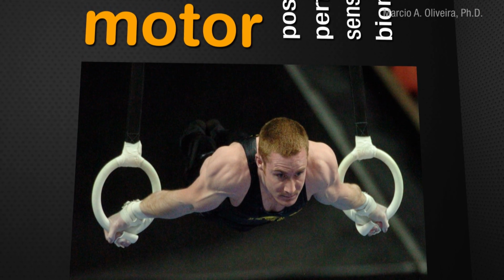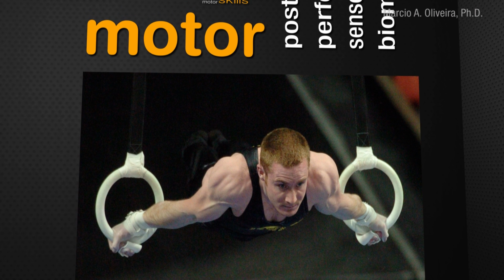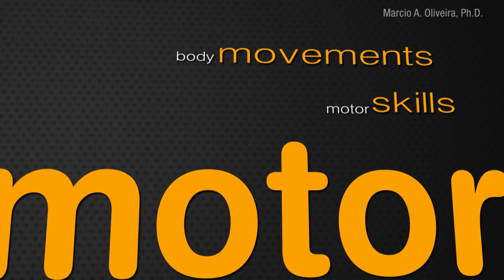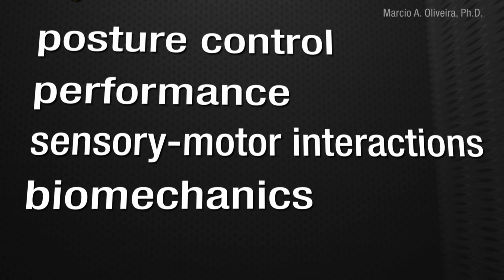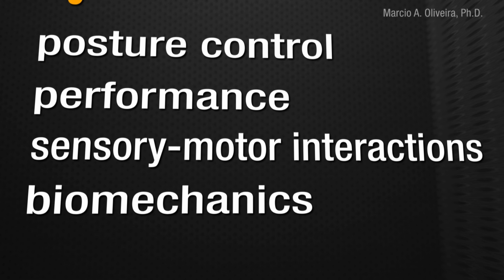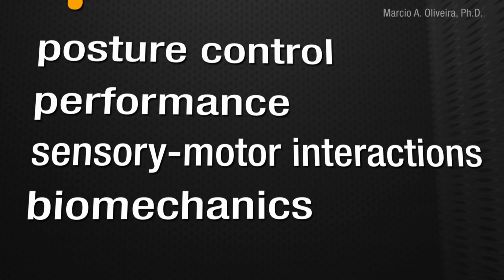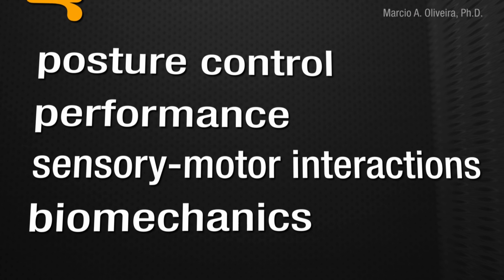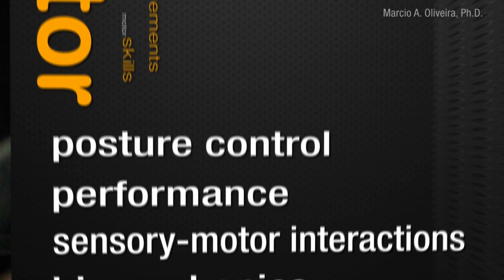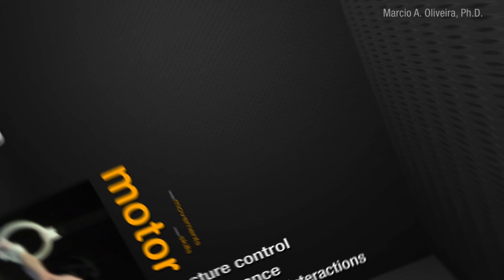Motor, which is the emphasis of this course, involves body movements and motor skill performance. It refers to postural control and performance of motor actions such as walking and reaching, and it also relates to all sensory motor interactions and the biomechanics of human movements.